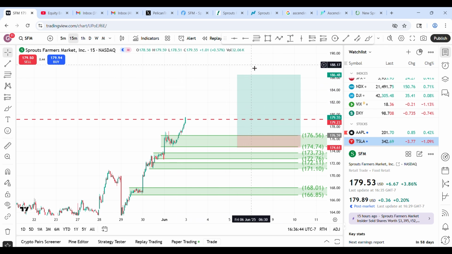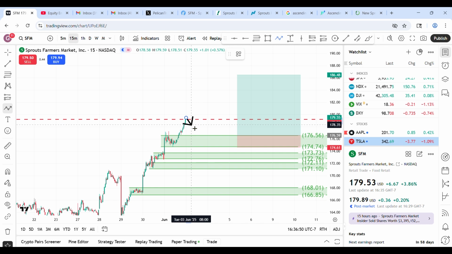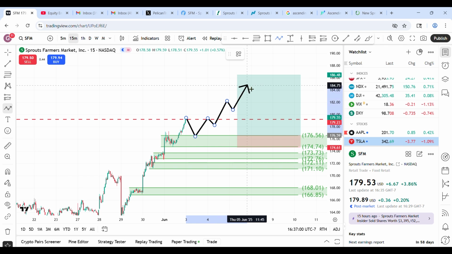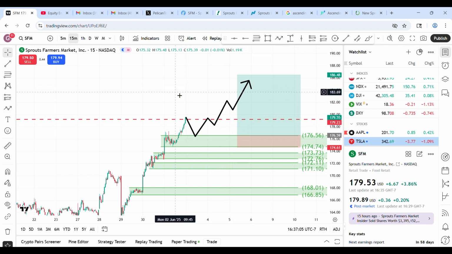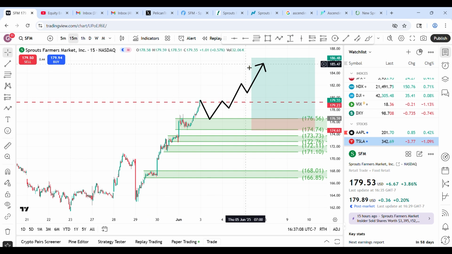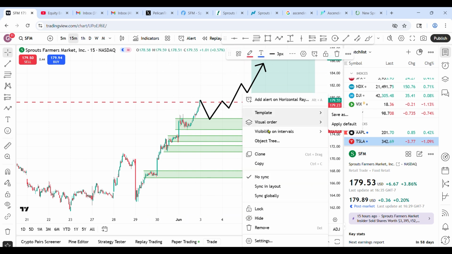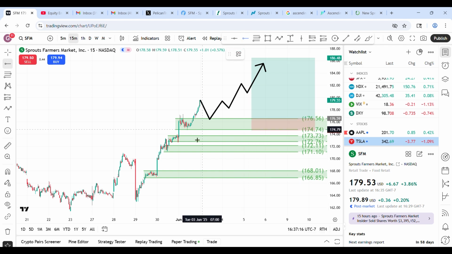So ideally, the game plan, ideally the trade would do something like this. Ideally, Sprouts would pull back to the 176.56 price range, bounce off it like it did on Zscaler, and then head off to all-time highs. Okay, that would be the ideal setup. In this case, we could have a protective stop. Let me take this line off here. That was the breakout point. You could place a protective stop just below the 174.74 price range.